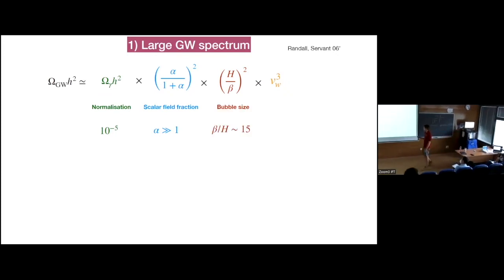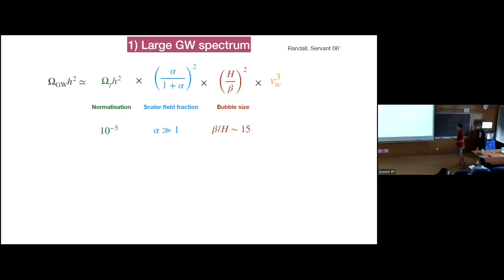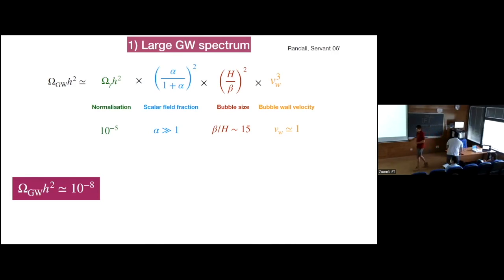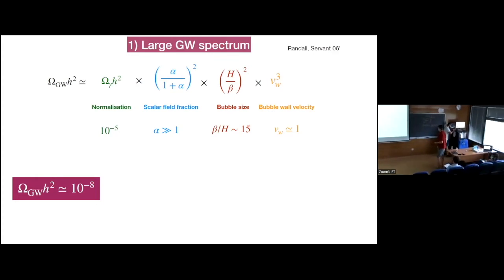Then you have the bubble size, and for a supercooled phase transition, the bubbles are maximally large. And then you have the bubble velocity, and for a supercooled phase transition, the velocity is maximally large because they evolve in a diluted plasma. So there is nothing to stop those bubbles. And then when you plug in the numbers, you get 10 to the minus 8, which is very, very large.